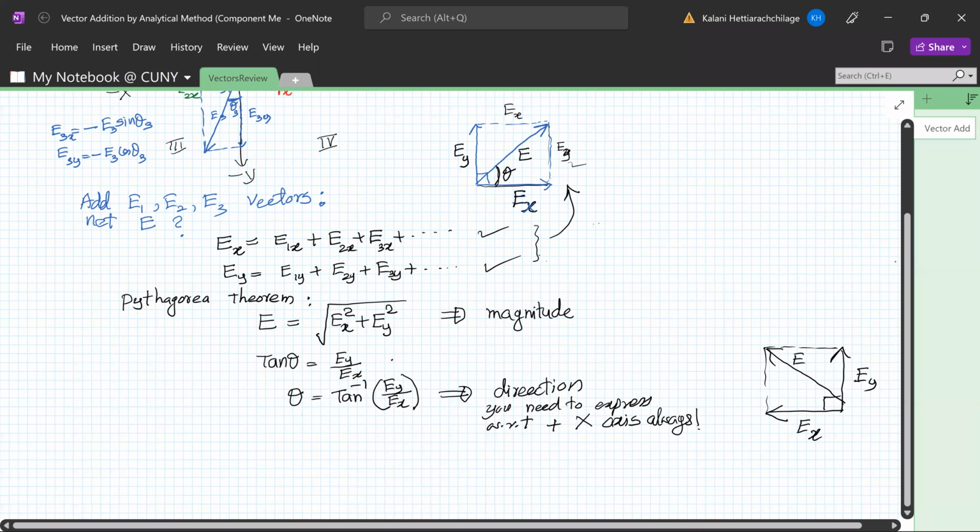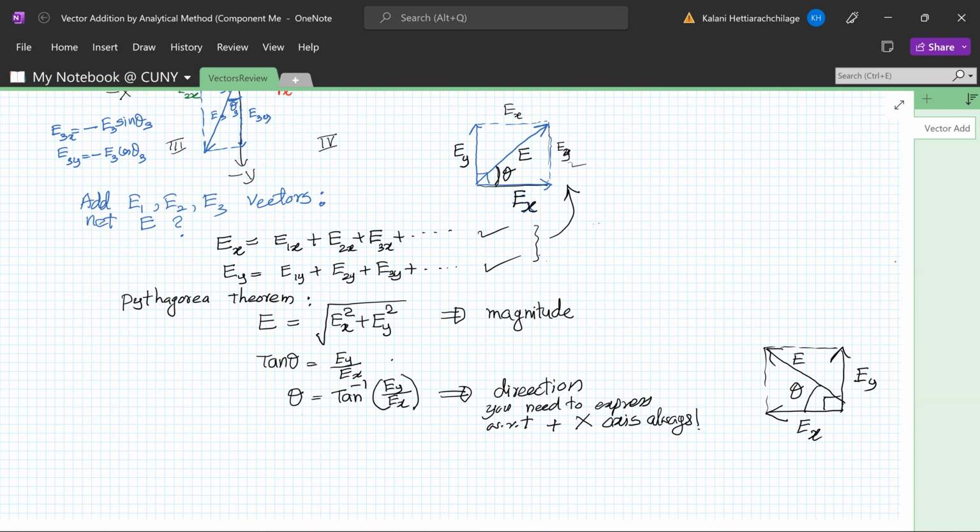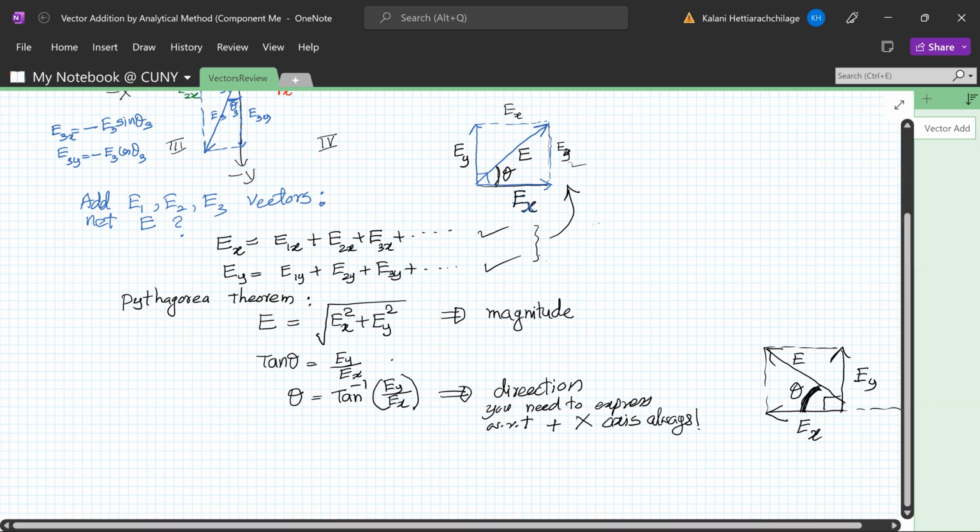Then when you take your angle, if you measure this angle, then you have tangent theta equal to EY over EX, but you are measuring this angle, right? But what I need is with respect to the positive axis. That means this is the positive axis, and you need to find this angle by adding or subtracting according to what you get.